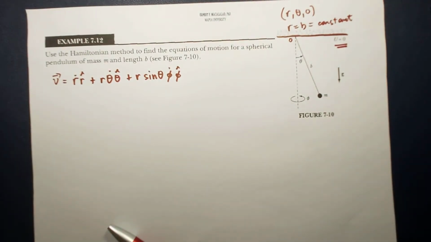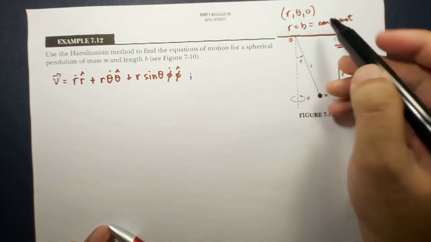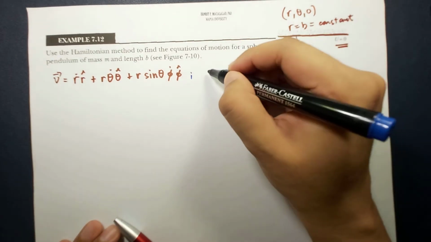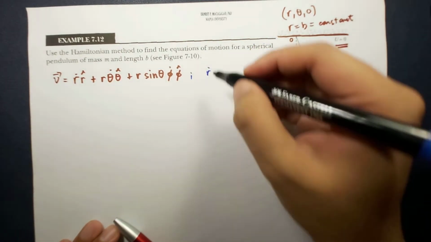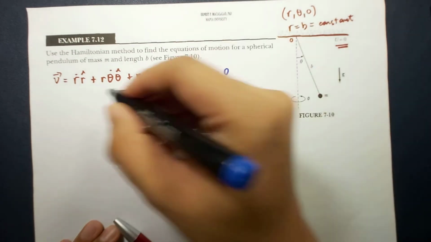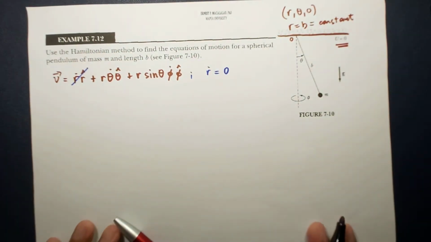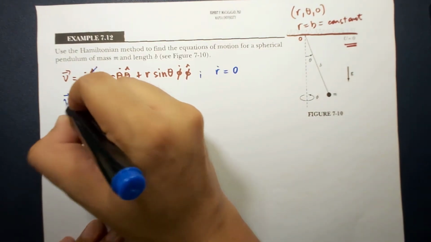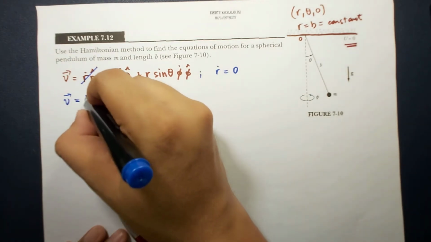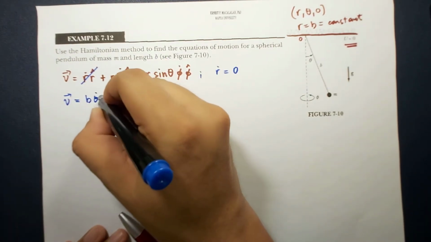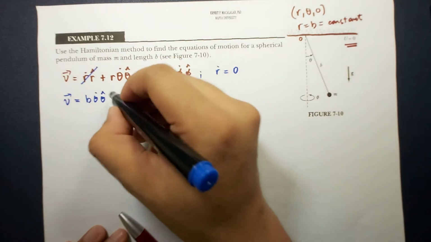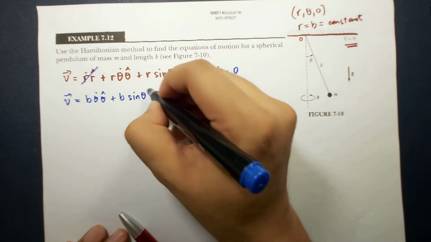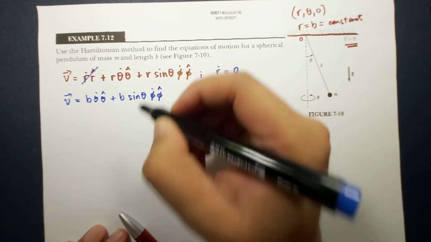We already know that r is equal to b, and that's a constant. Therefore, the time derivative of r is equal to 0, so we cancel this. That means the velocity simplifies to b theta dot theta hat plus b sine theta phi dot phi hat.